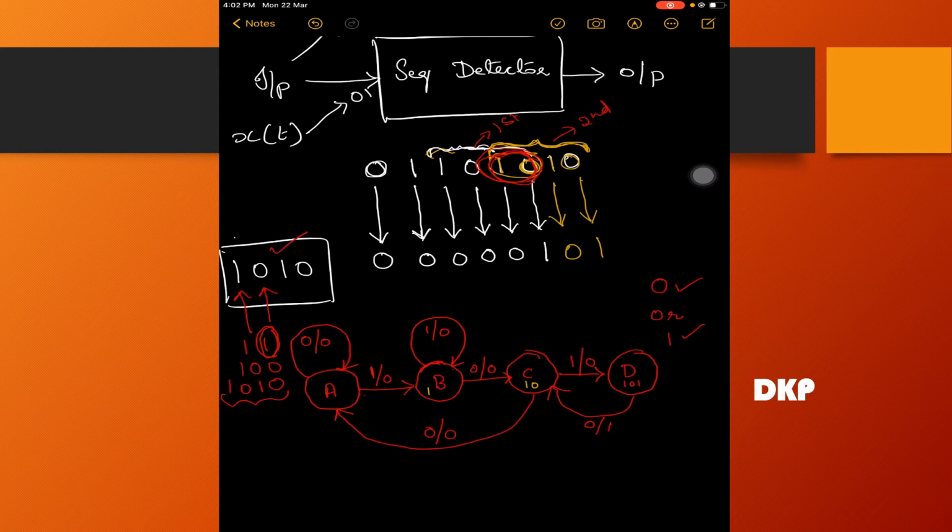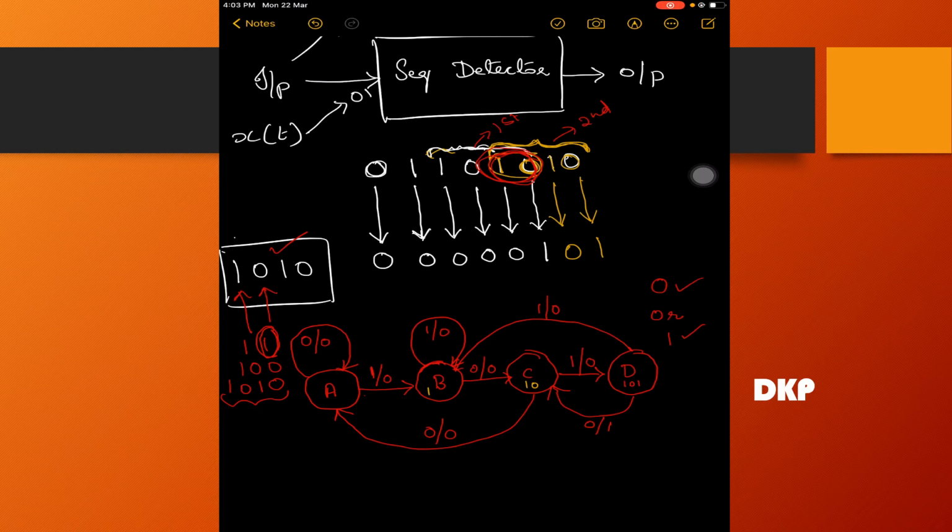In the other case, when this D state receives a 1, it will go back to B state because this 1 can be considered as the first bit of the next sequence, but the output is 0 because here the sequence has not been detected.